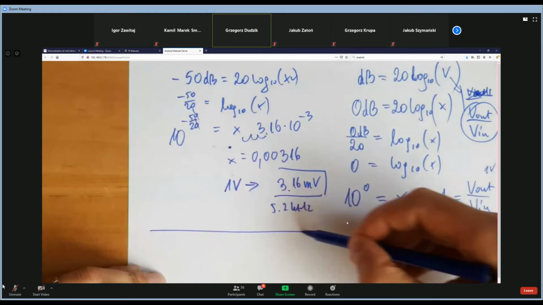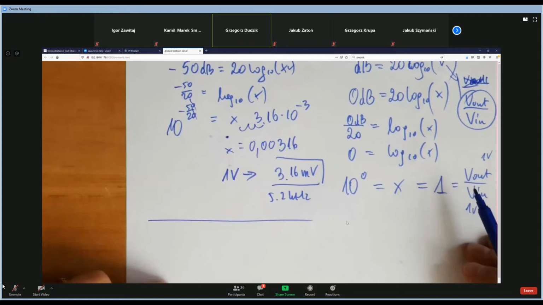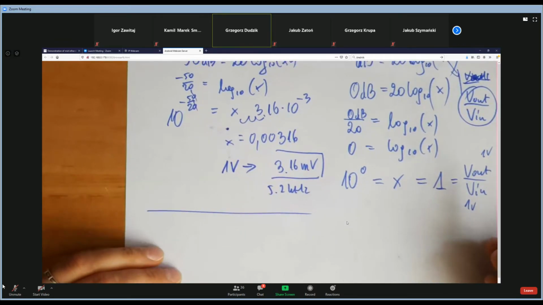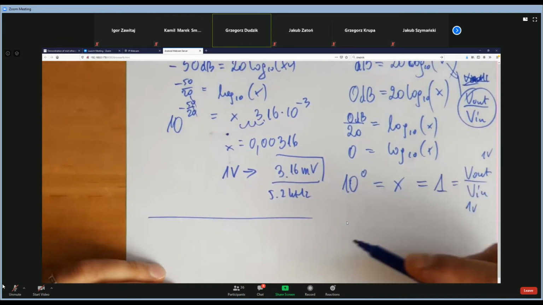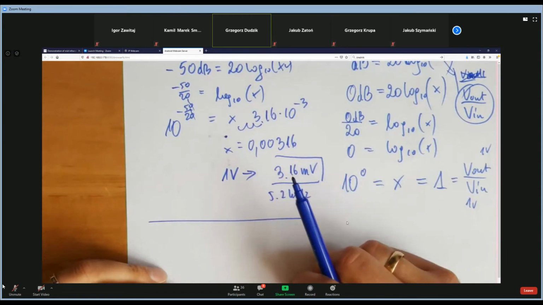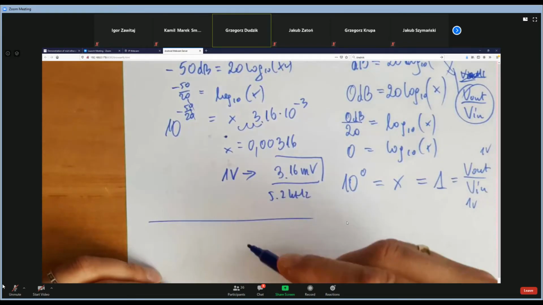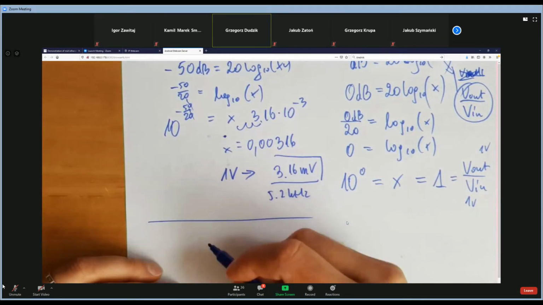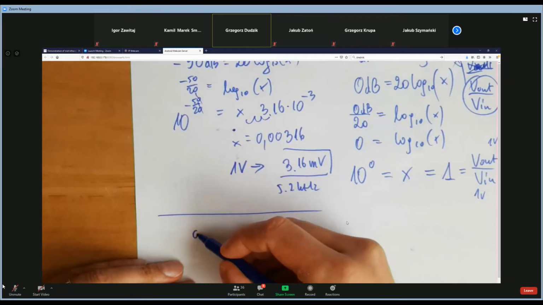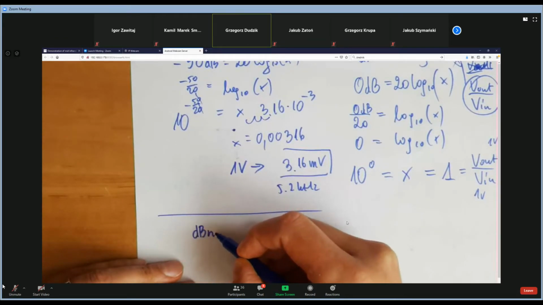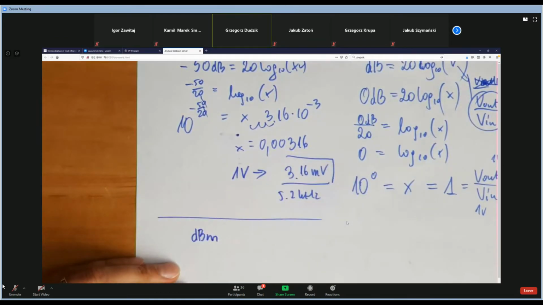And because this is a nice opportunity to tell you, sometimes if you're operating with, for example, an RF analyzer, on the y-axis you can find the dBm value. What does it mean?